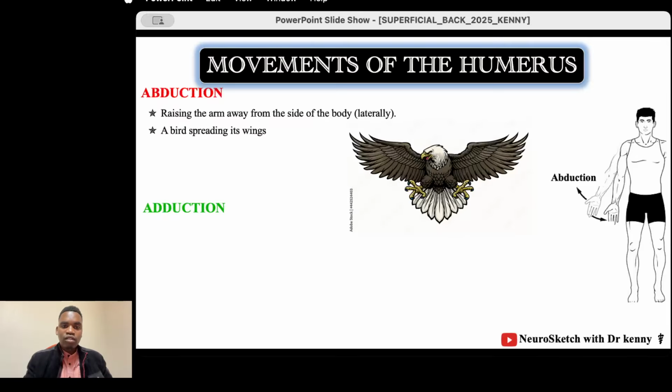I know that spreading of wings can have some other meaning, but when the eagle spreads its wings, that is considered abduction. But when you are restoring back the abducted arm, that is adduction. So adduction is like restoring back into the normal anatomical position.